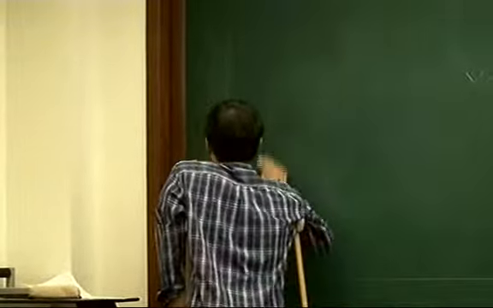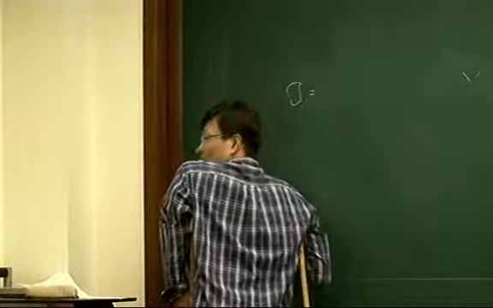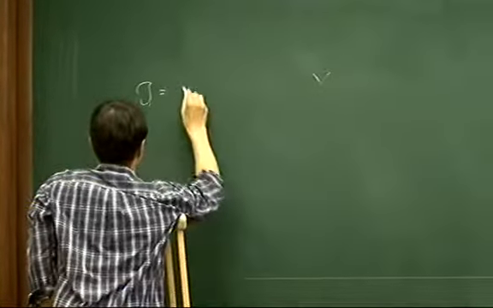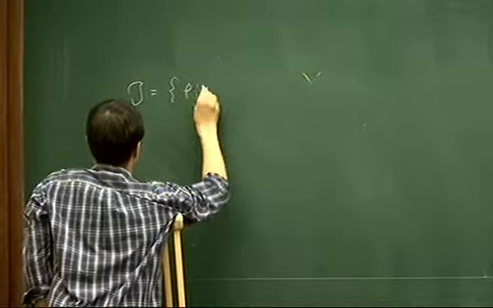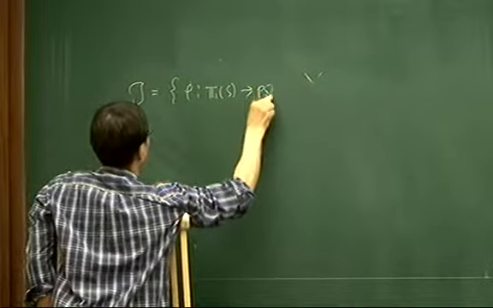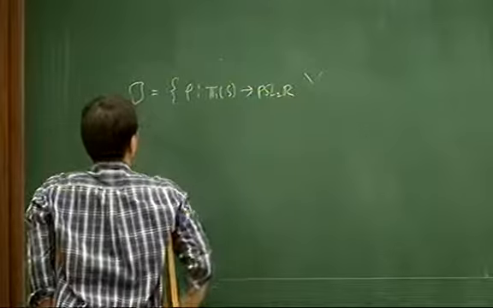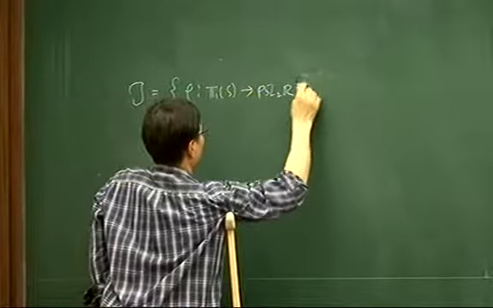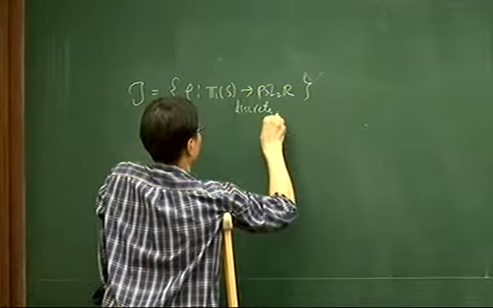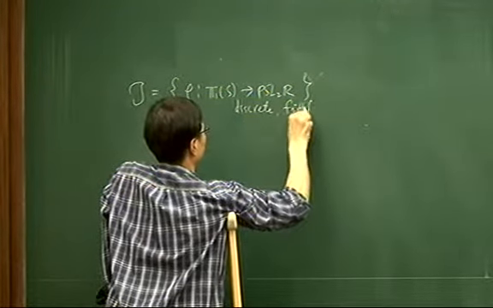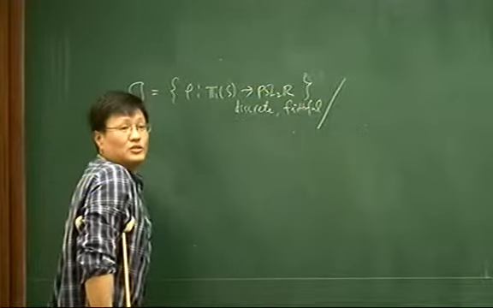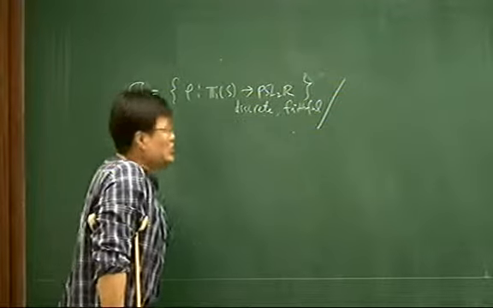Teichmüller space, the space of marked hyperbolic structures, can also be written as the set of discrete faithful representations from the surface group into PSL2R up to conjugacy.